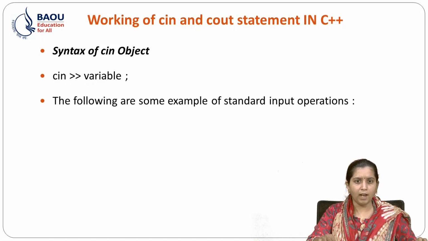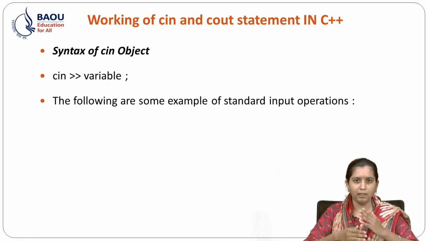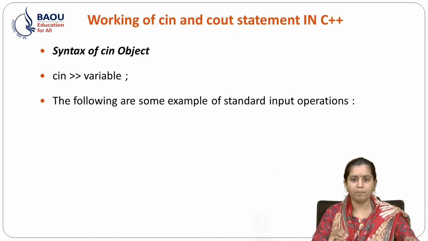The following are some examples of standard input operations. The cin object is followed by a symbol which is called the extraction operator, and then the variable into which the input data is to be stored.